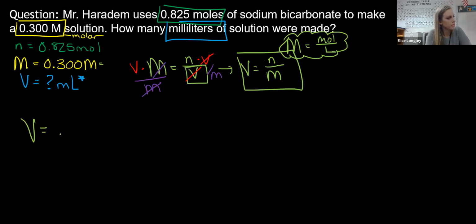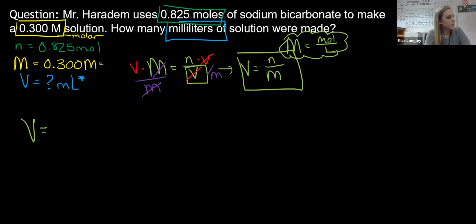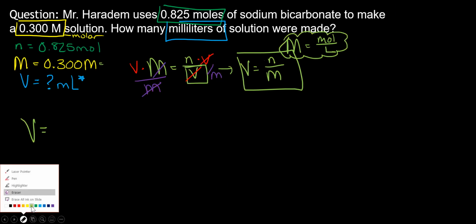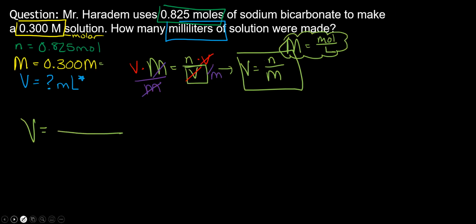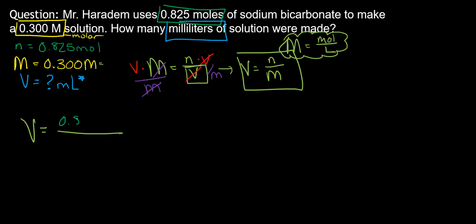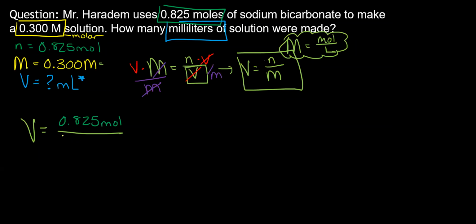So when I plug it in, I end up with the N over the M. Help me figure out what I need to do. Kiera, talk me through what I do now. So you would put N on the top and M on the bottom. So that's 0.825 moles on top, and then 0.300 molar on the bottom. Yep.